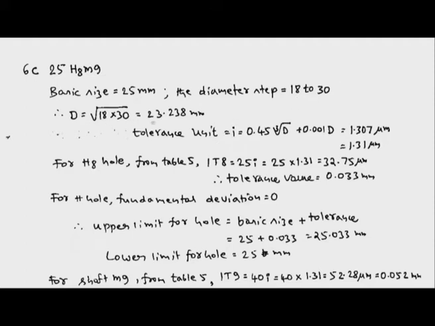So the mean diameter is 23.238 millimeter, and then we can calculate the tolerance unit using this relationship, and this will be equal to 1.31 micrometer. And for H8 hole from table number 5, IT8 grade is equal to 25I, and this is equal to 32.75 micrometer. So tolerance value for hole is 0.033 millimeter.